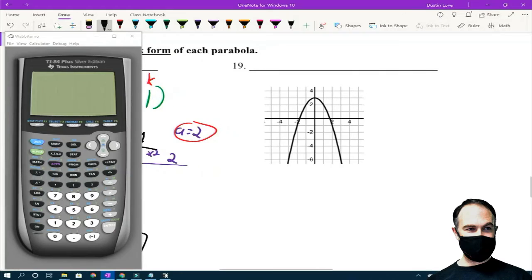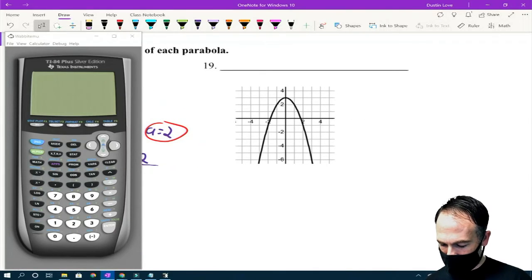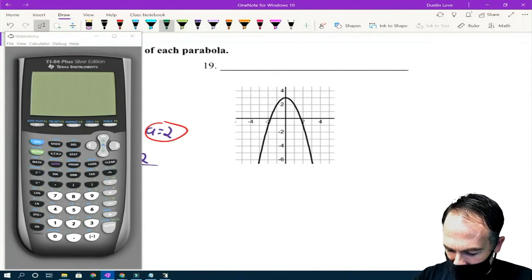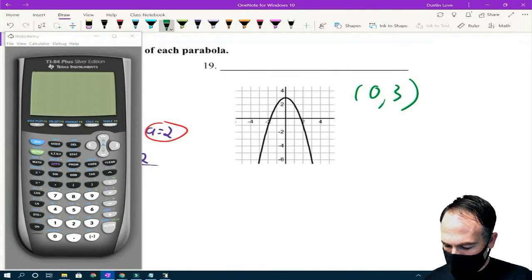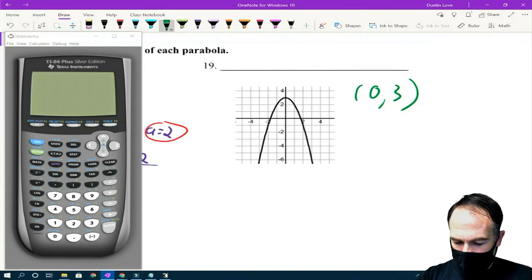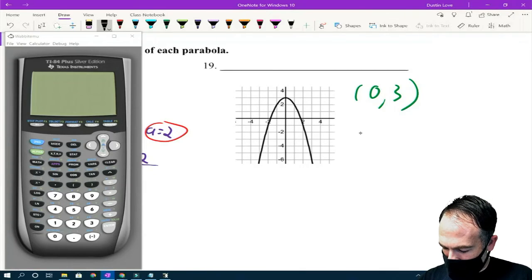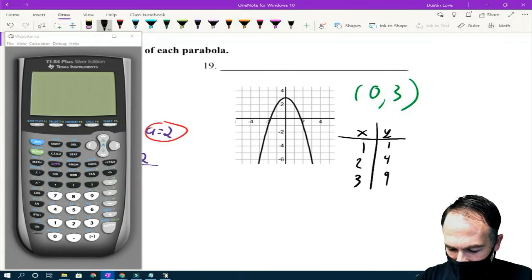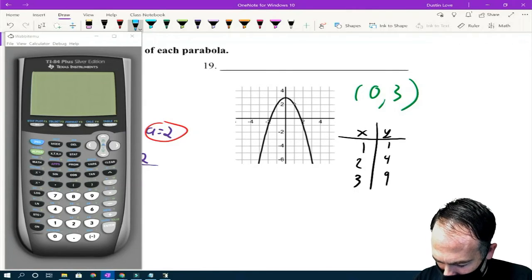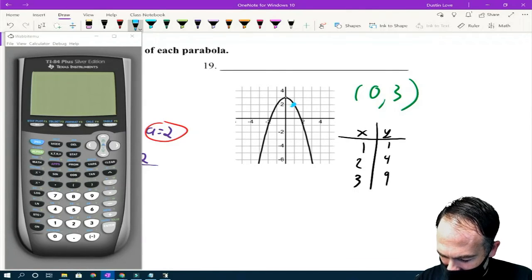All right, number 19. Let's come up with a vertex, which is at 0, 3. And now I've got that XY chart. 1, 2, 3, 1, 4, 9. Looks like I go through this point right here, so I've got 1, negative 1.